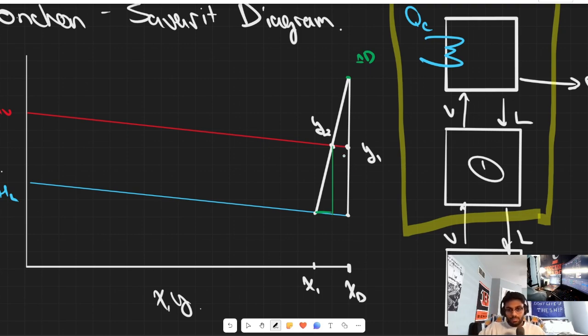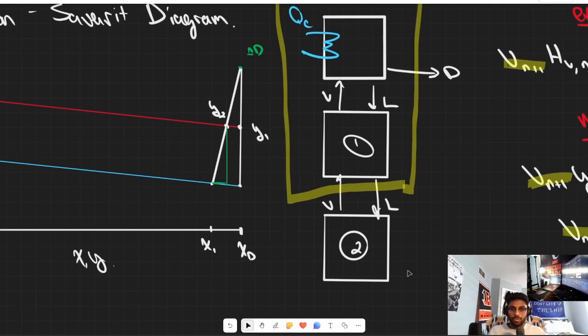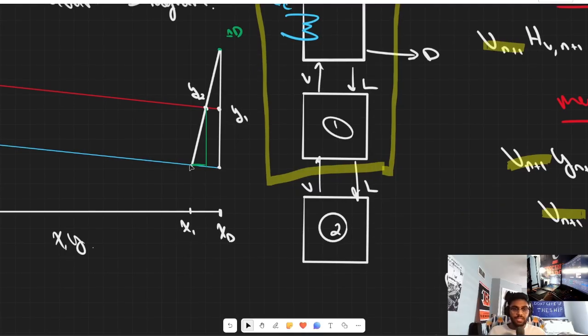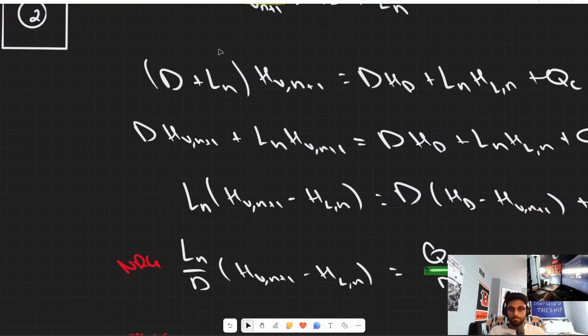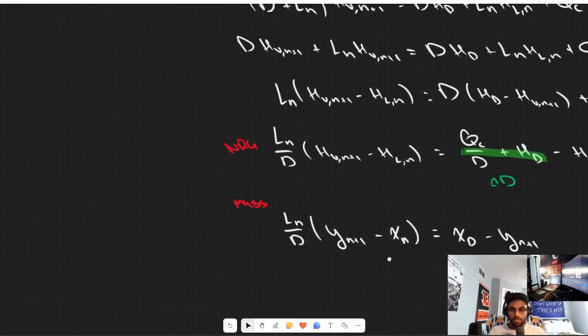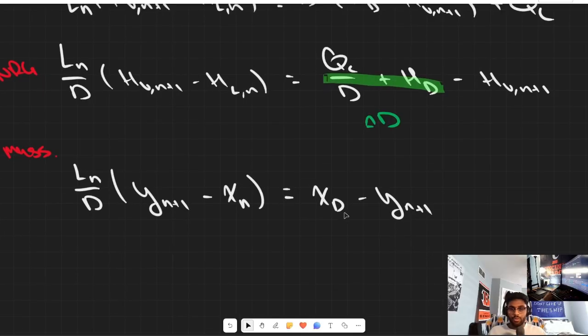So the difference between this X point here and this X point here, if we go back, so this is essentially our X1 minus our Y2. So if we look over here, there is that difference point over here.